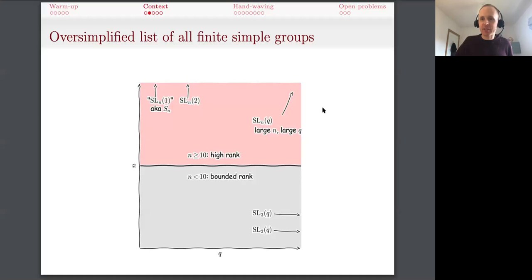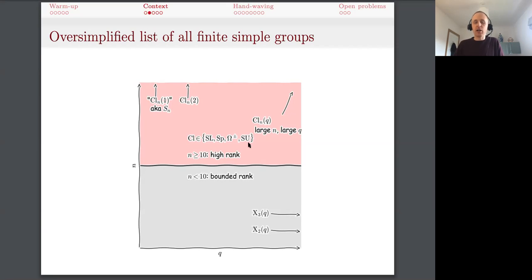But okay, let me make this graph a little bit more honest. So here I've replaced SL_n(q) in bounded rank with some arbitrary group of Lie type. And we're not going to worry too much about those, so you don't have to think about those. But in high rank, mercifully, there are only 4 types, which are the special linear group, the symplectic group, the orthogonal group, and the special unitary group.